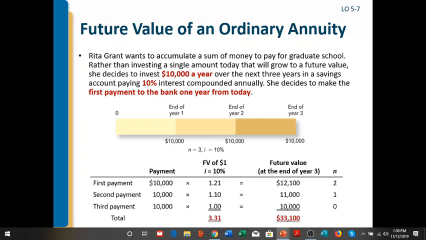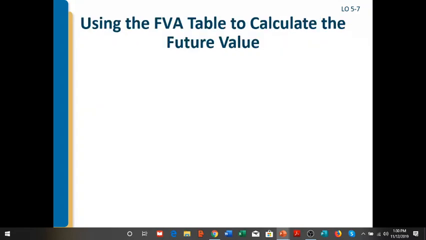So it looks like this. You've got your first payment that's sitting there for 2 years, and then your second payment at the end of year 2 is sitting there for 1 year. So she'll have $33,100 at the end of year 3.